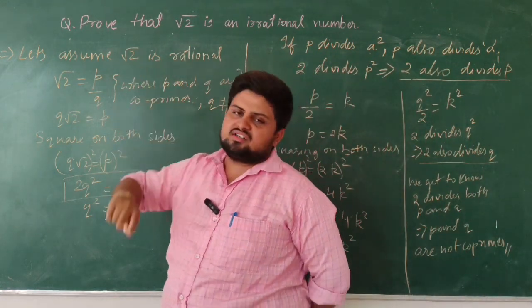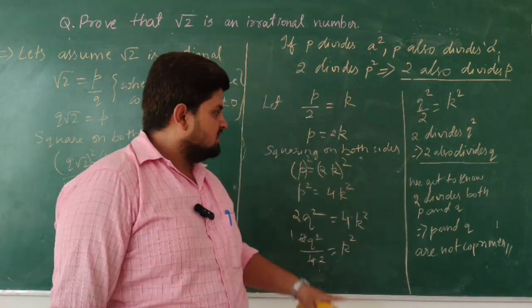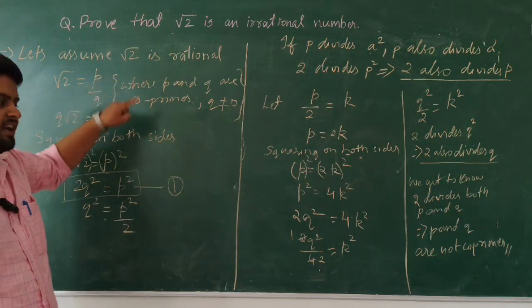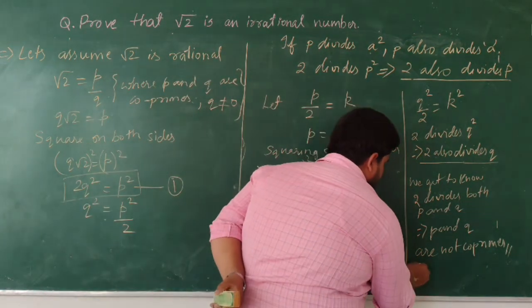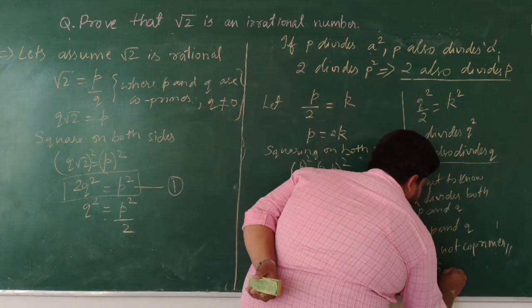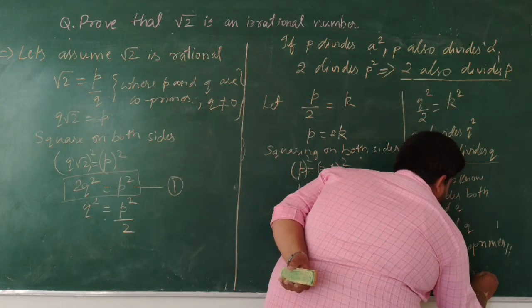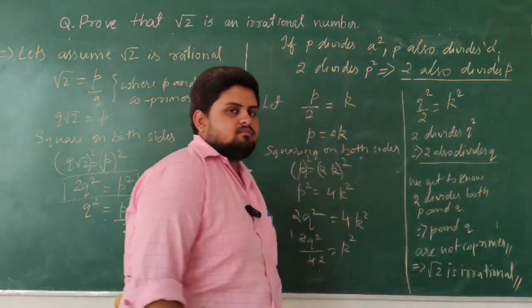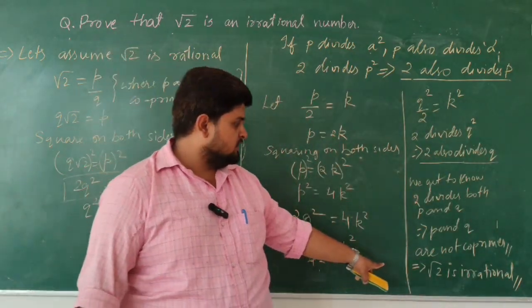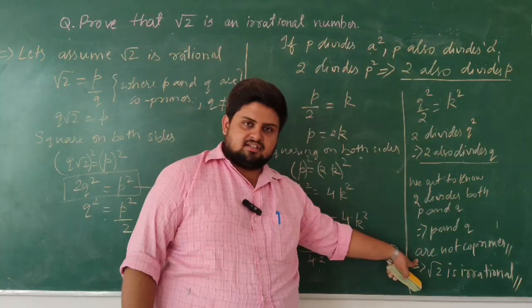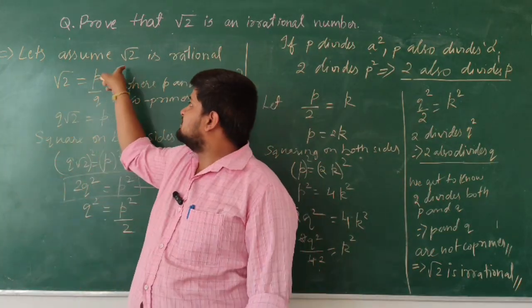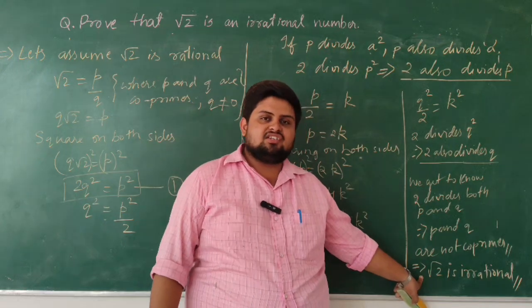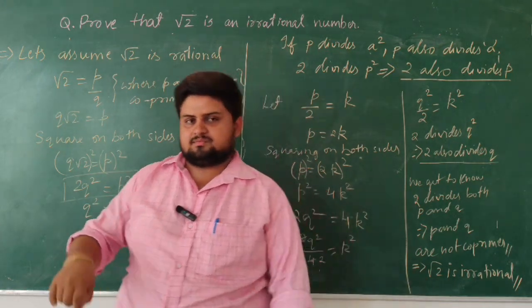Our assumption was wrong, and root 2 is irrational. So here you can also include one more statement which says here is a contradiction. Our assumption which we assumed was wrong. Hence root 2 is an irrational number. Thank you.